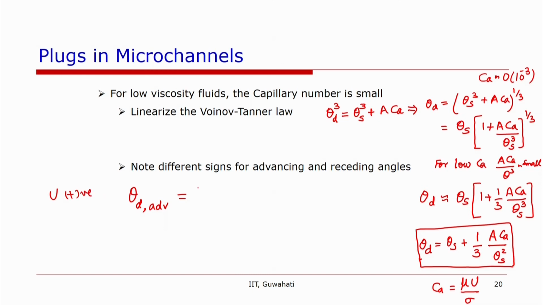So one will have theta s plus 1 by 3 A Ca over theta s squared. We can put this in terms of theta s advancing.